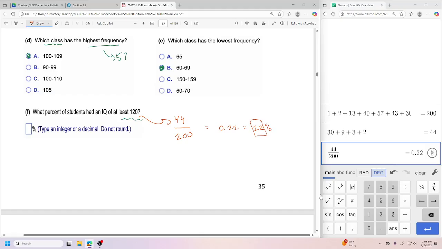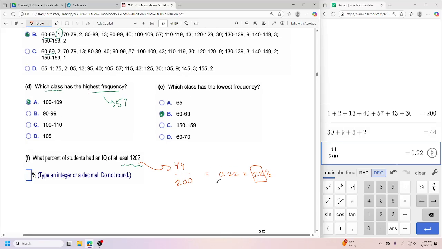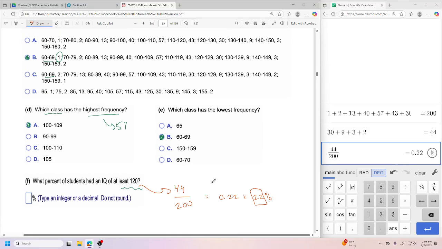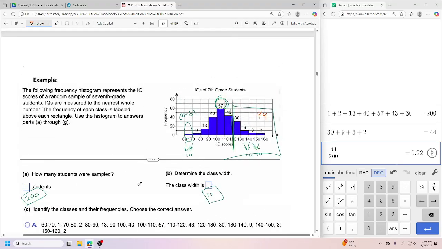There it is. Are y'all good seeing what we were talking about? The 120 and more? Right? Cool.